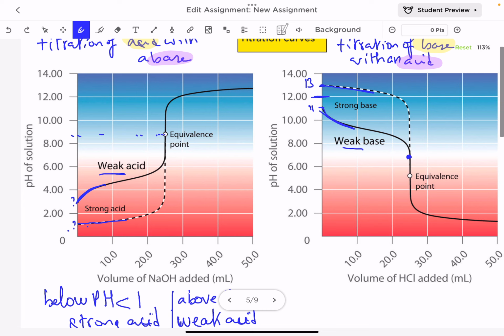If the equivalence point is 7, then what you have is strong with strong. But in the case of weak acid and strong base, the equivalence point will be above 7. And in the case of a weak base and a strong acid, the equivalence point will be below 7.